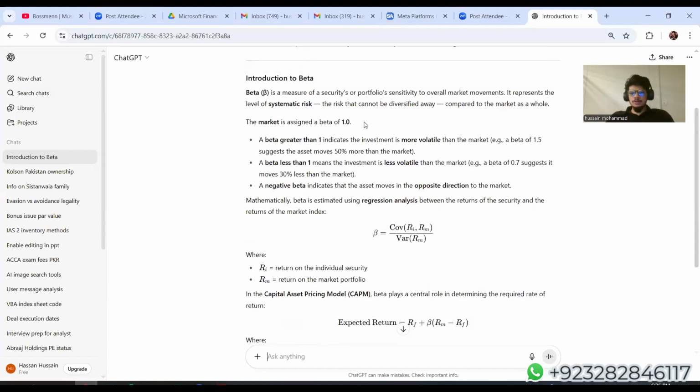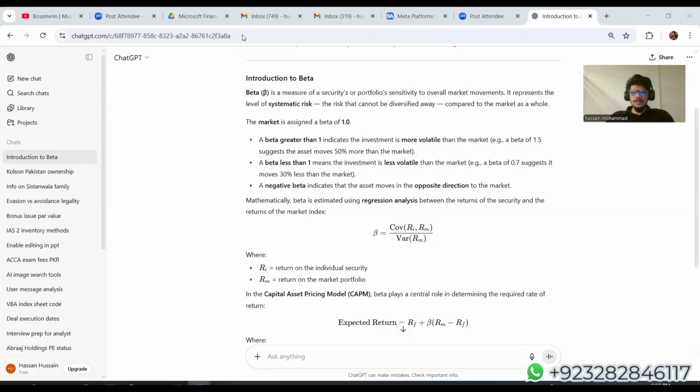Everybody who has joined the course would know beta in many ways. CFA students would know it in much detail. ACCA and CA students would also know it from their BFD and AFM studies. So beta is a measure of a security or portfolio's sensitivity to overall market movements.